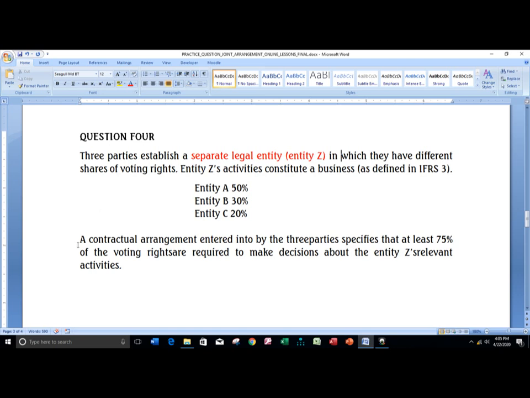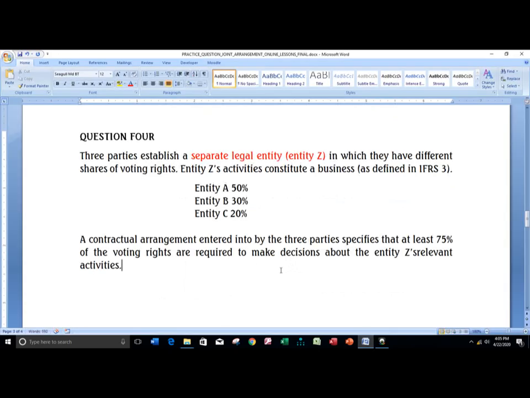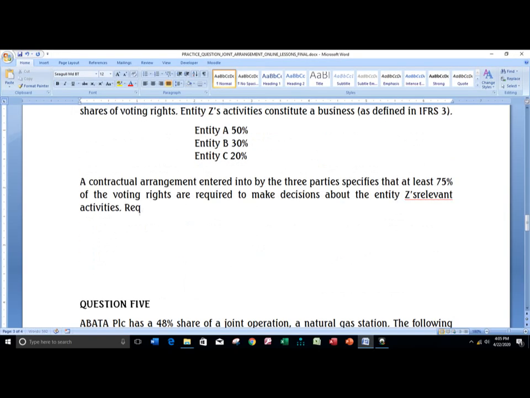The contractual arrangement entered into by the three parties specifies that at least 75% of the voting rights are required to make decisions about entity Z. So, what is the question required? Is there joint control?